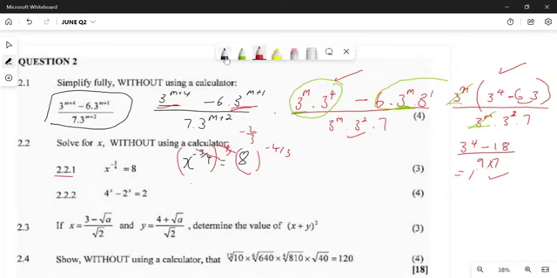And then you are left with 8 to the power of minus 2. What are you going to do to this 8? I'm going to raise it to the power of minus 4 over 3. But 8 is not a prime number, and remember, we are dealing with exponents.